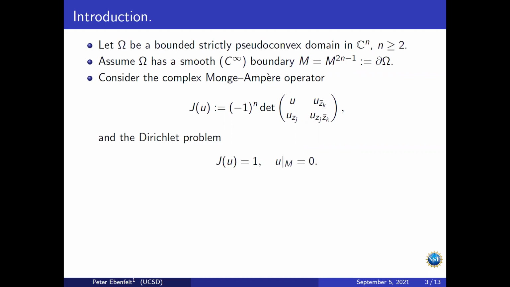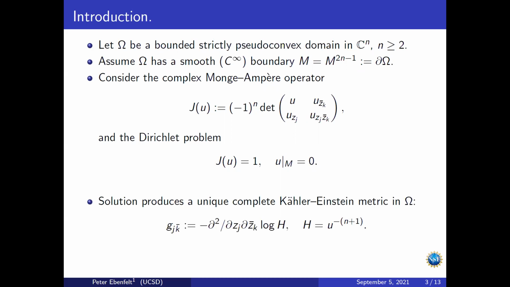And we consider the Dirichlet problem, where we try to solve J of u equals 1, and u being 0 on the boundary. And if we can do that, then we get the Cheng-Yau Kähler-Einstein metric with -1 Ricci by just taking log of u to a suitable power.